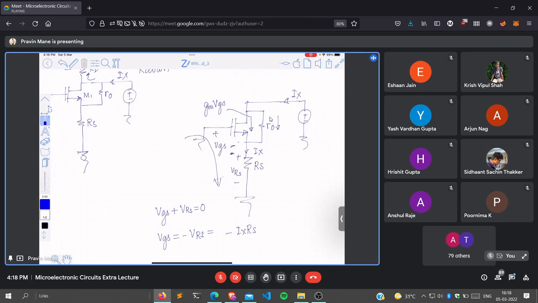So the current flowing in the downward direction is what? Minus Ix RS into gm, right? Minus Ix RS into gm. What is the current flowing through RO? What is the voltage at this point?